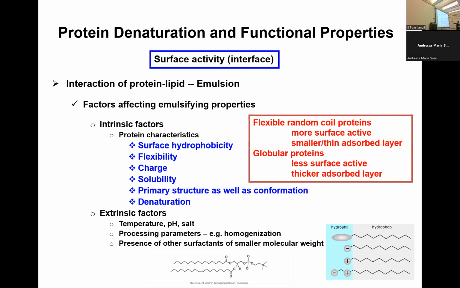So we don't want a pH that is close to the isoelectric point, because then you would not have enough repulsion. You don't have enough charges, so you will have phase separation, and you will have more aggregation rather than formation of the film, aggregation forming out of solution. So the pH has to be ideal to establish the formation of the film, and at the same time have enough repulsion between the oil droplets so that they don't coalesce and have phase separation.